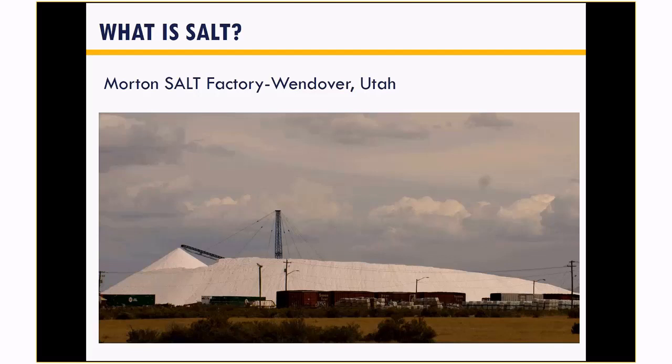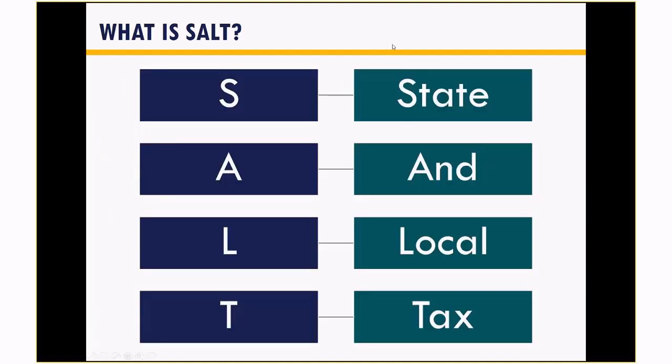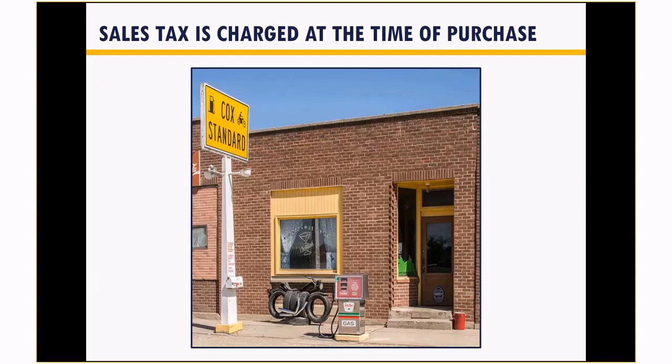It's quite a bit of salt, but that is not the kind of salt that we are going to be looking at today. SALT is state and local tax. So if you hear an accountant throwing out the word SALT, this is what they're trying to say: state and local tax.